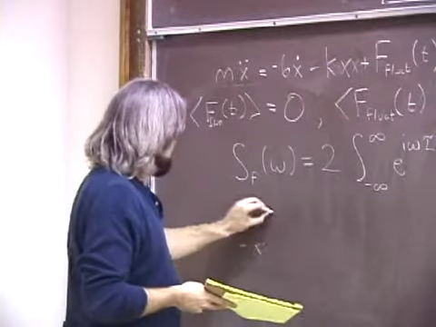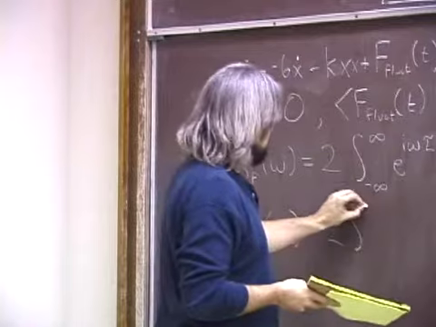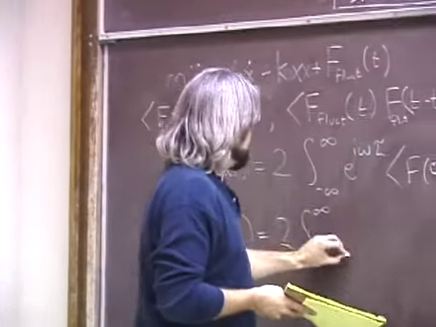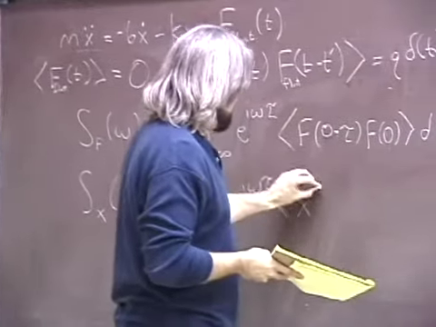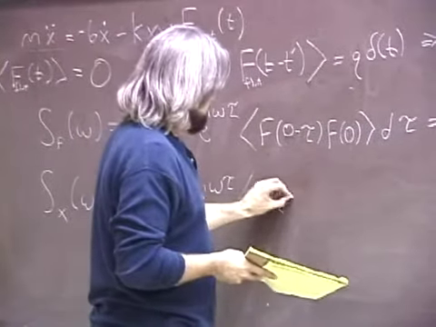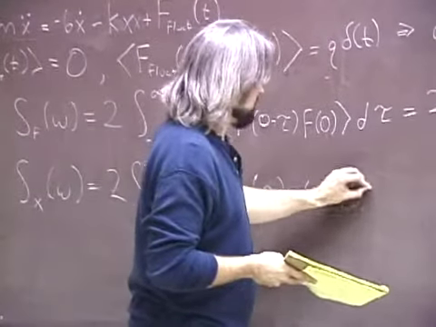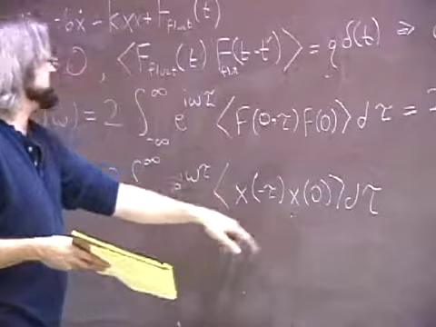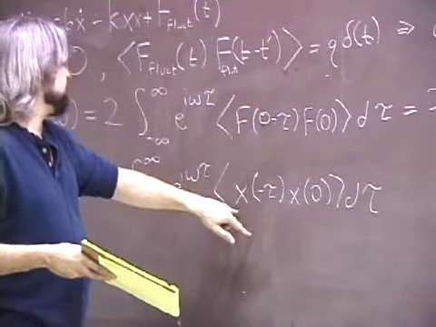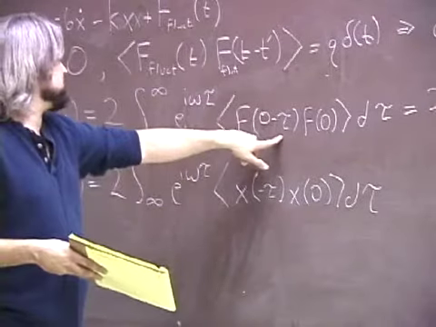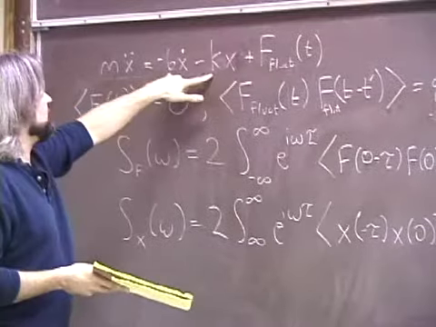What we want there is to use the Wiener-Khinchin theorem again, but instead of the force, we want the position. Now it's a complicated task to do this. We would take the force at a time tau, equate it to the motion using this equation of motion.